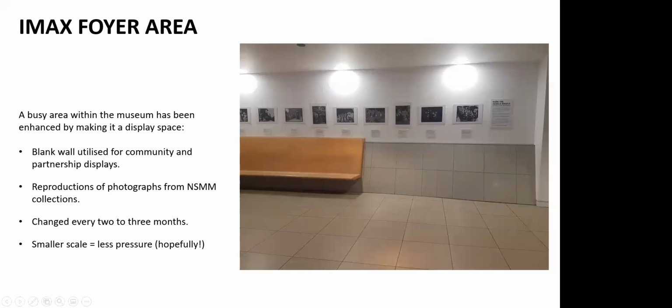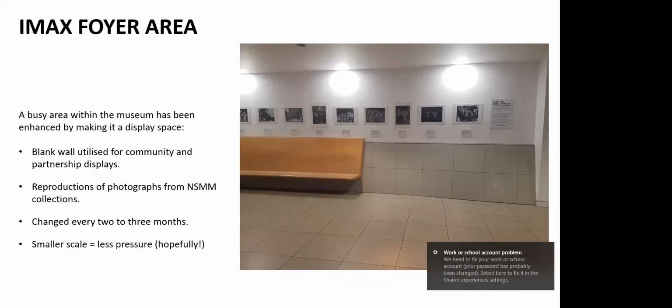So initially the foyer display area was used for reproductions of photos within the National Science and Media Museum's own collections, such as our extensive Daily Herald archive that holds press images from the Daily Herald newspaper.